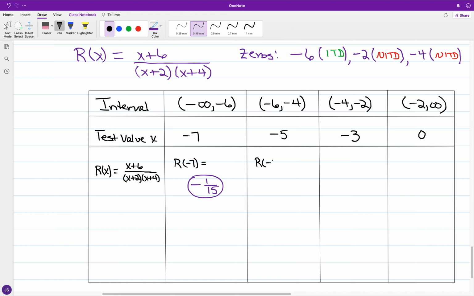In the case of r of -5, you got -5 plus 6 is 1, and you got -3 times -1, so you have +1 over +3. So r of -5 is going to be +1/3.